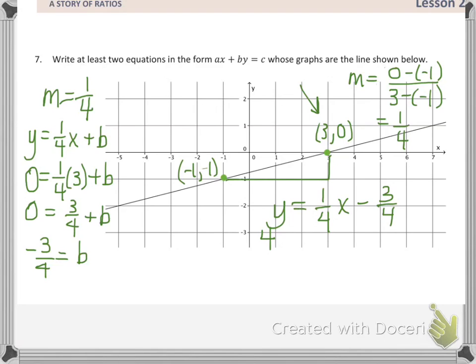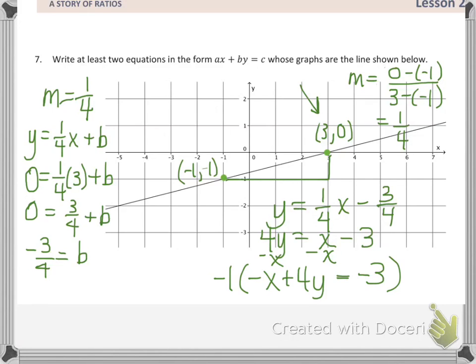I'm going to get 4y is equal to x minus 3. So subtracting x from both sides gives me -x plus 4y is equal to -3. And to get it in standard form, I need to multiply through by -1 to get x minus 4y is equal to 3.